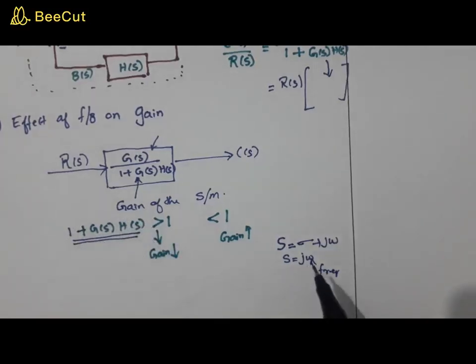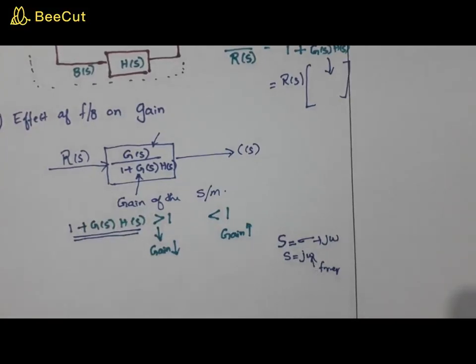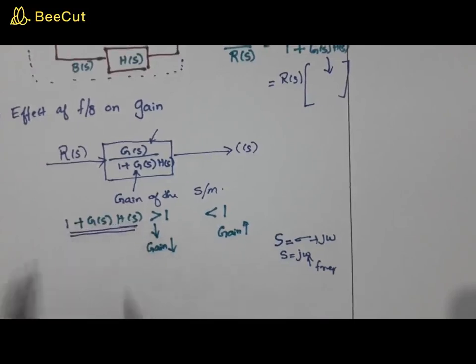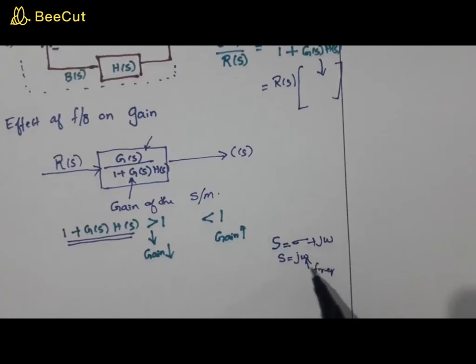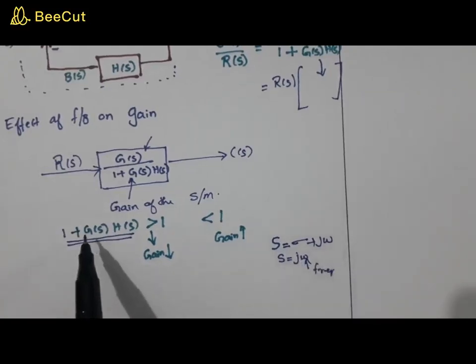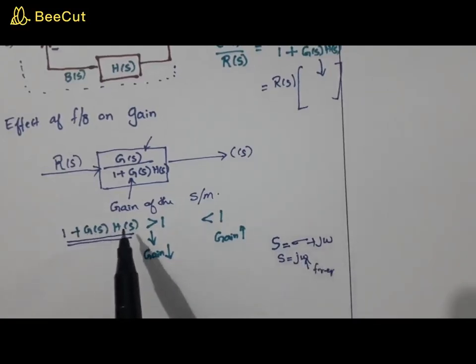Now we cannot say whether it will increase or decrease. It all depends on the value of G of S and how G is related to S. We just need to know the type of the function. Anyway, we can say one thing: as frequency varies, 1 plus G of S H of S varies.